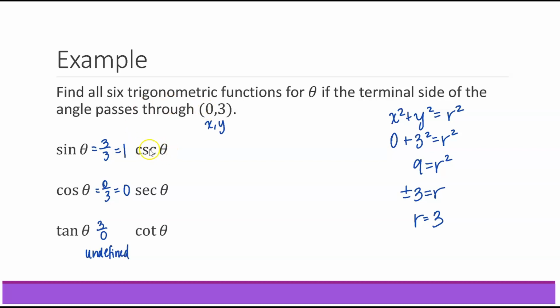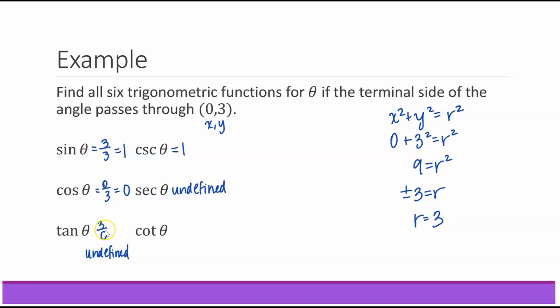Now we can move on to the reciprocals. Cosecant theta is the reciprocal of sine. We had 3 over 3, which was just 1, so if I switch those, I still end up with just 1. Secant theta is the reciprocal of cosine. We had 0 over 3, which simplified to just 0. But if we switch the numerator and denominator, we get 3 over 0, and that's undefined.